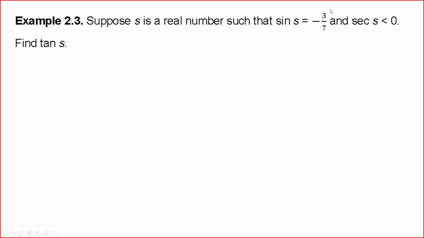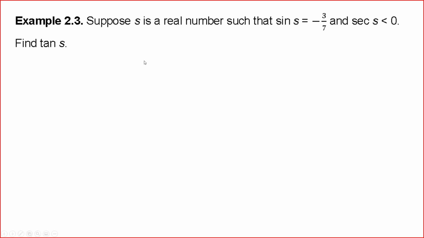So in other words, this example is not a unit circle example. If we still remember the coordinates that we had last week, wala tayong negative 3 over 7. So in this case, we are going to treat this one as a right triangle.